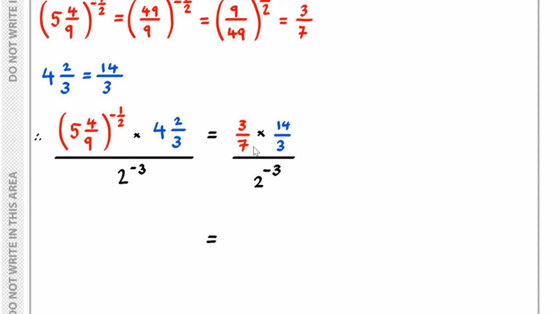So 3/7 times by 14/3, well, the 3's here simplify to 1, and 14 divided by 7 is 2.